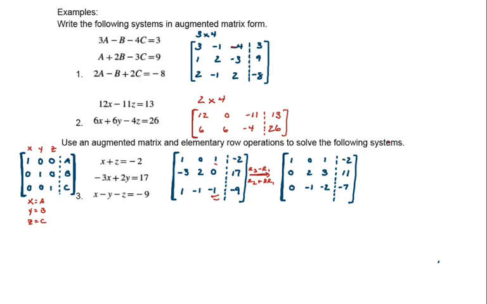If you take a look at what I have now, I'm looking at row 2 and row 3, and because both of those have a 0 in the x column, I'm going to try and operate with those two and see if I can eliminate or make another column entry 0. So the step I'm actually going to do is take row 2 and add 2 times row 3. The first thing I like to do is draw an arrow, identify what I'm going to do to the matrix to get to the next matrix.